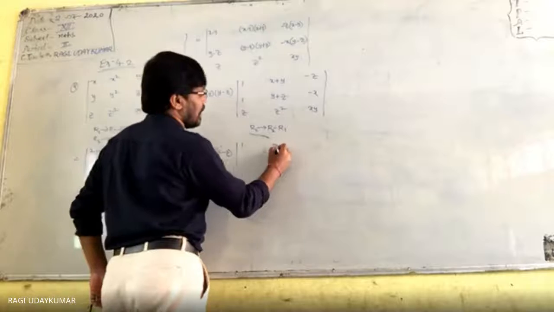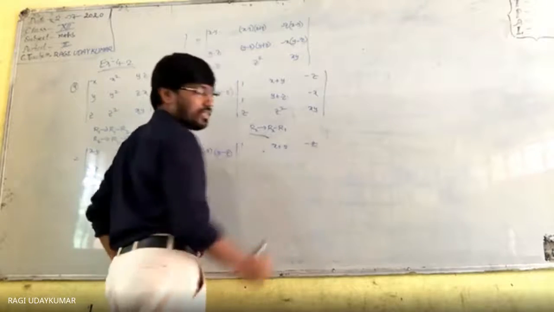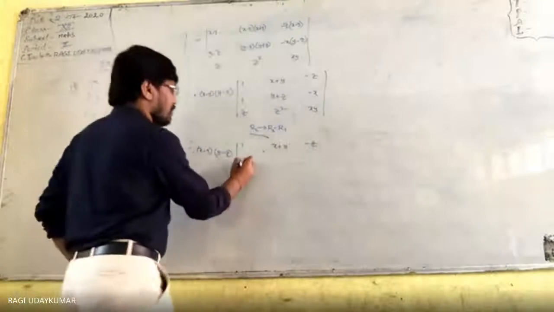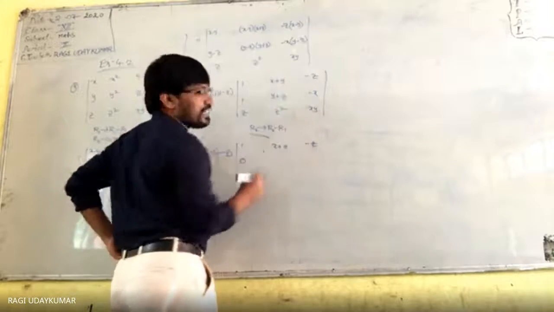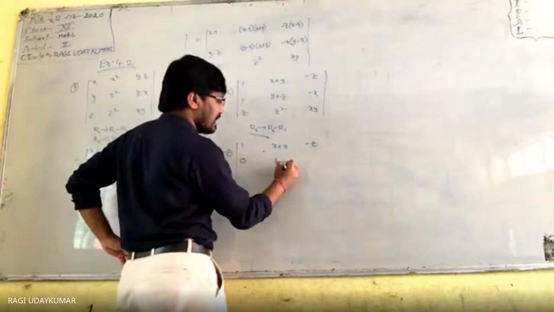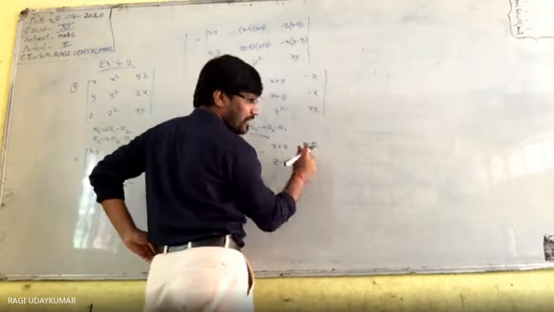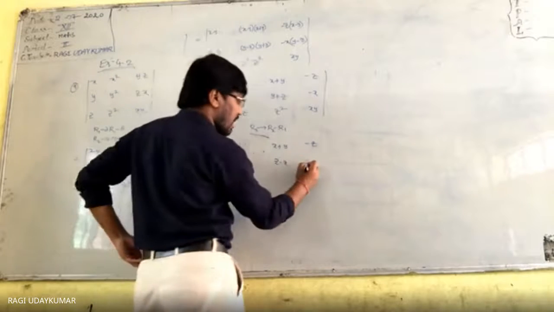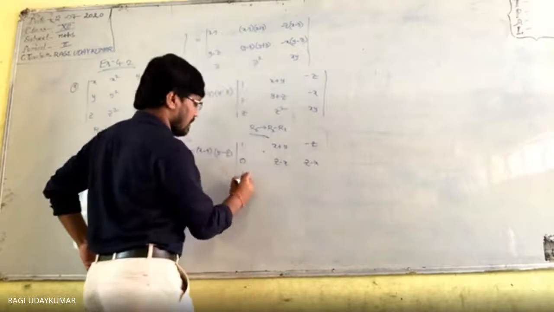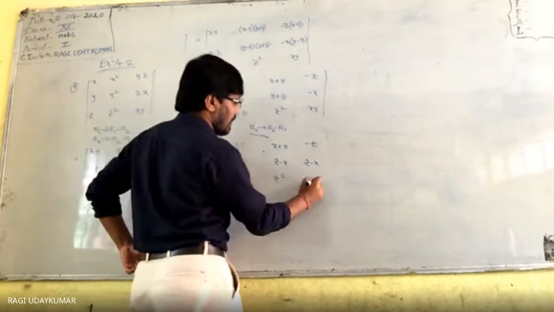Okay, so now: y minus z, 1, x plus y minus z, and 0. These two if you subtract, you will get z minus x. Minus x plus z can also be written as z minus x. Here z square and x square.